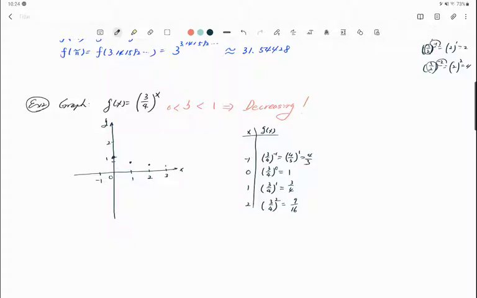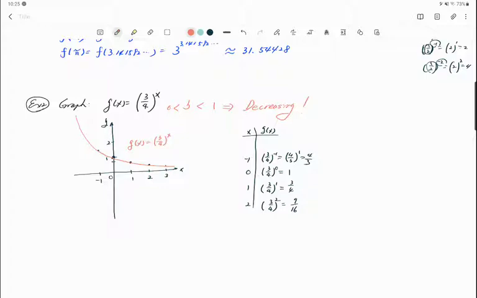Let's say this is 2, then 4/3 is somewhere like this, right? So we can connect these points, like this. So this is the graph of g of x.